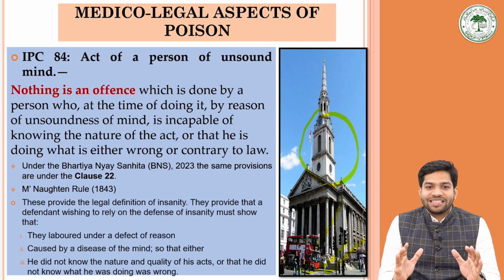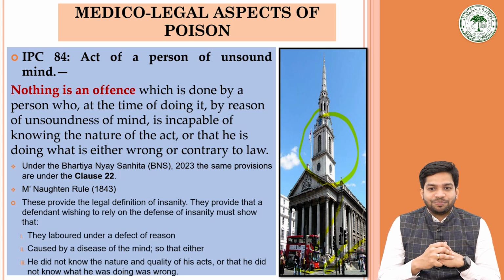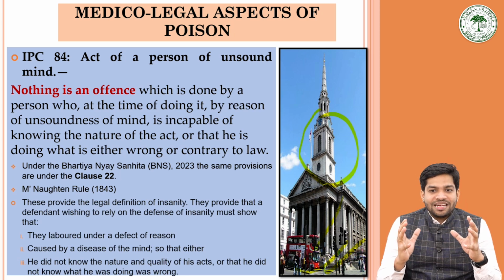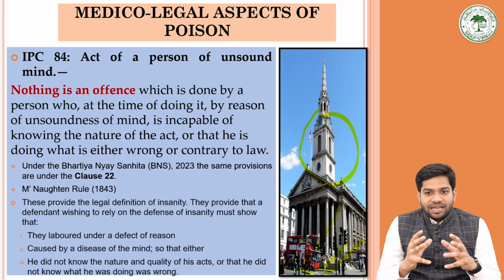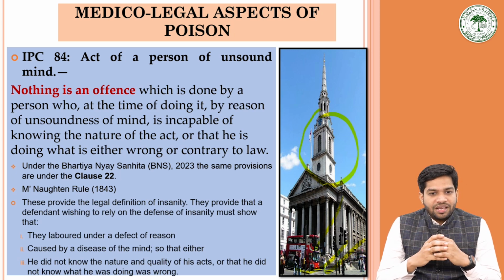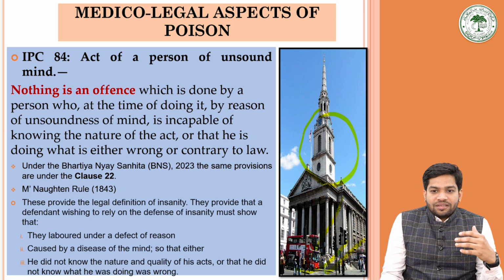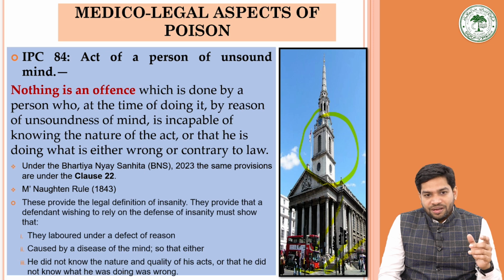This was basically the statement given by M'Naghten at the time of his arrest. So you can understand from these words what type of mental status he had, and he appears to be in a certain delusion, a delusion of persecution.